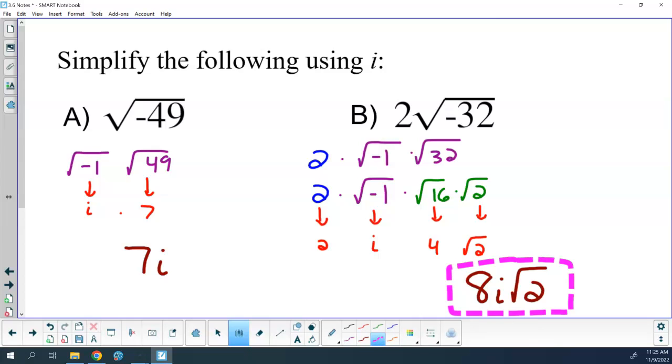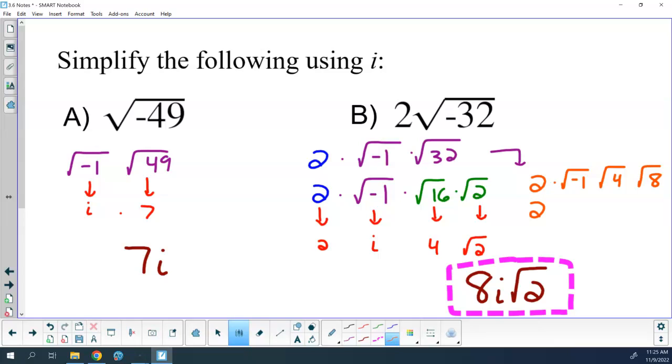Now, I draw your attention to this one because not everybody probably saw that 16 was a perfect square factor of 32. The majority of you probably saw that 4 was, correct? And that's fine. That works. I'm going to pick it up right from here. 2 times the square root of negative 1 times the square root of 4 times the square root of 8. But 8 has a 4 in it. We just learned that on the last slide too.